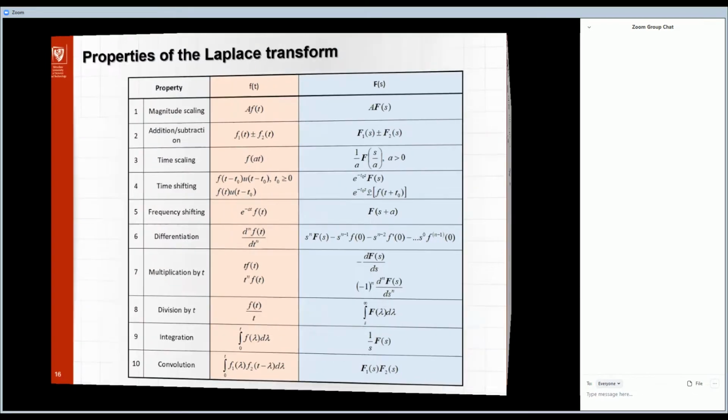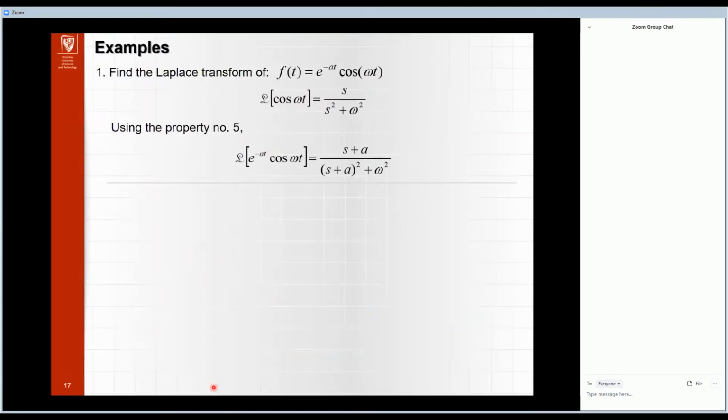And now we can try to use some properties to find the Laplace transformation. For example, the first one, we also have this function in the table, but we know the transformation for this one.